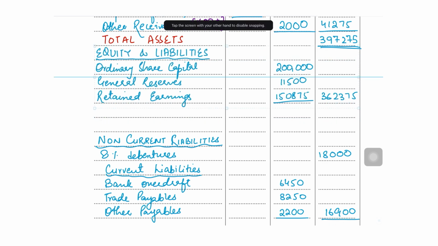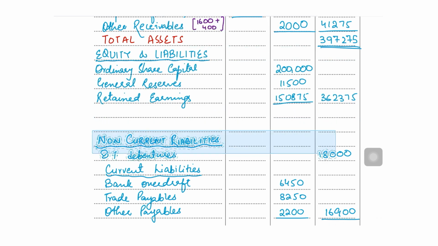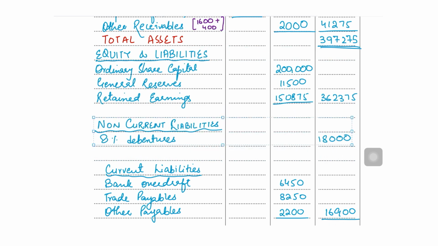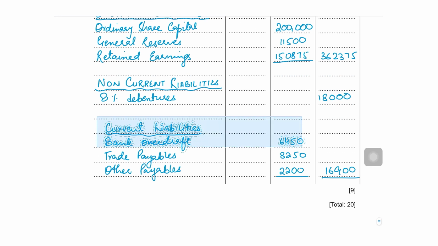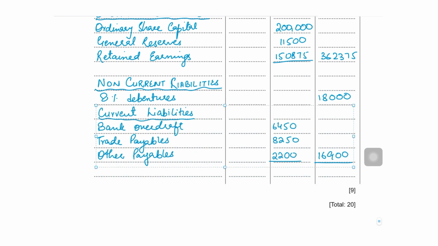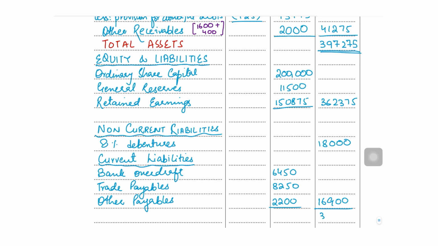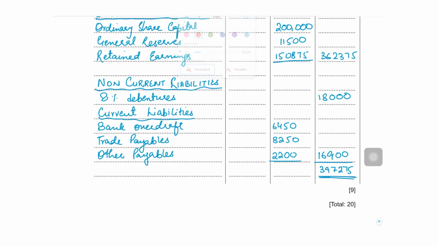Now we just have to add our equity and liabilities. That will give me a total of 397,275. So that is the total equity and liabilities, which is matching with my total assets as well. So this means that my SOFP is balancing.